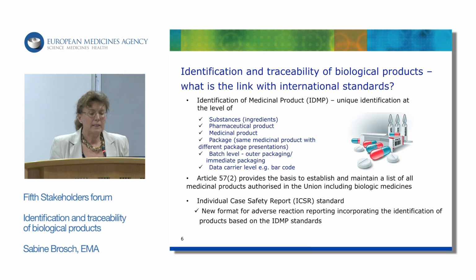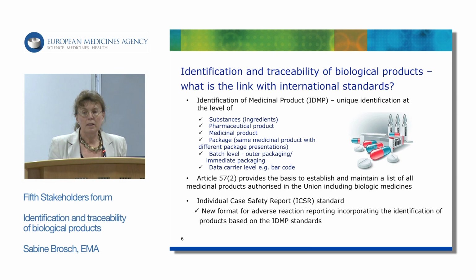So when you look at the standards, you will see that the unique identification will be based on a characterization and a unique identifier of the substances which are contained in a medicinal product. And you will see in the subsequent presentations that, for instance, the way how we identify substances on the basis of the name is not really the state of the art, and specifically in the area of biological medicinal products, this is quite challenging. The standard also allows the identification of the level of the pharmaceutical product.